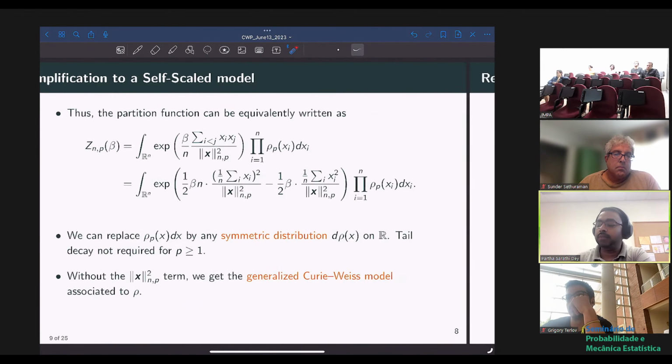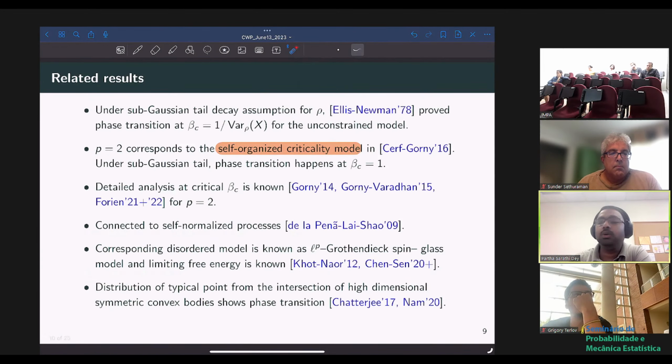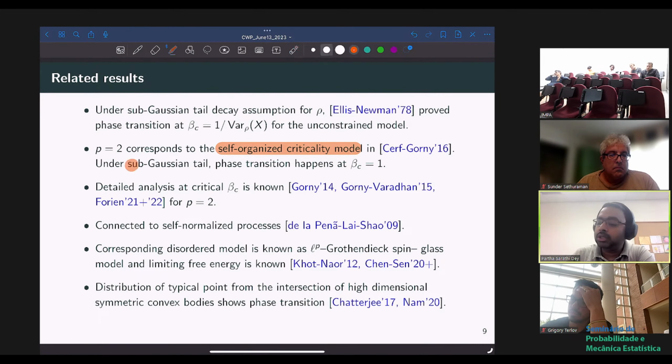That's why the critical inverse temperature here is equal to 1, and the variance does not appear. So in the Curie-Weiss case we get 1 over the variance, which is 1, and here we also get beta c equal to 1, but this 1 is because of invariance under scaling. One thing to notice is that we still need a sub-Gaussian tail behavior here for the analysis.